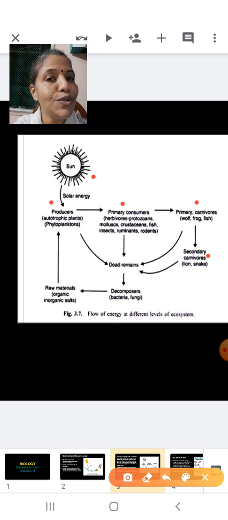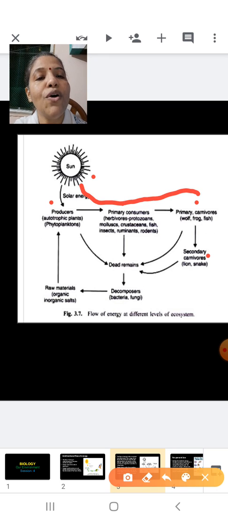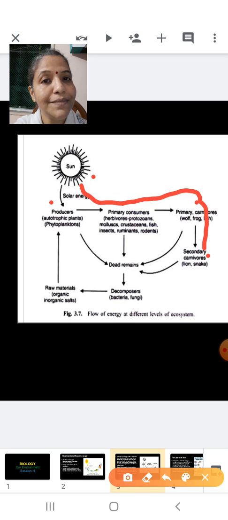The secondary consumers are also called primary carnivores, and the tertiary consumers are also called secondary carnivores. So here also you can see the flow of energy is taking place in this particular direction. Strictly, we are talking about the flow of energy, from the sun to the different types of organisms on the earth's surface.